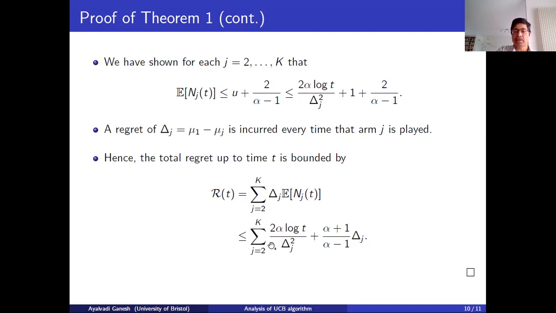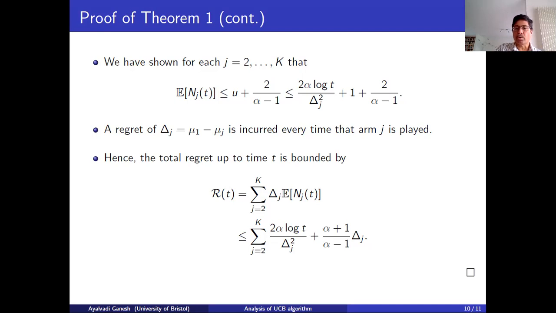But it also has a term that grows in t. This is maybe the more important term, or the one we are more interested in. So the regret grows in t, but the main takeaway message is that it grows very slowly in t. It grows only logarithmically in t. Okay, so it's a very good algorithm in that regard.